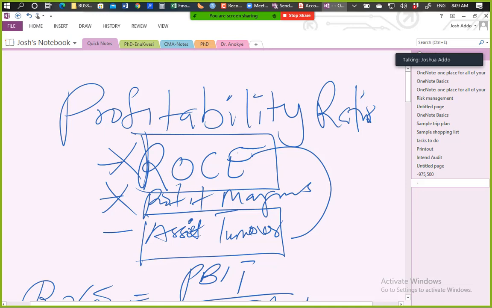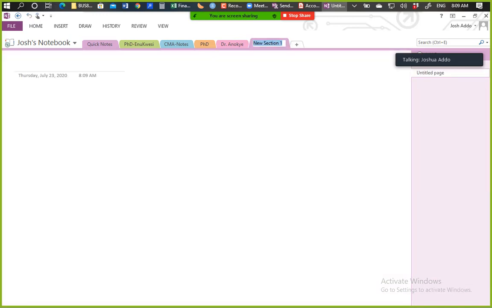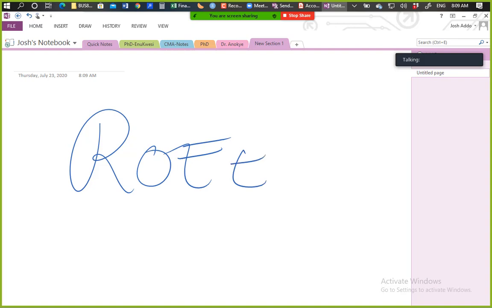Strictly speaking, asset turnover is part of efficiency ratios. So let's see how ROCE can get spread out. We are dissecting ROCE.